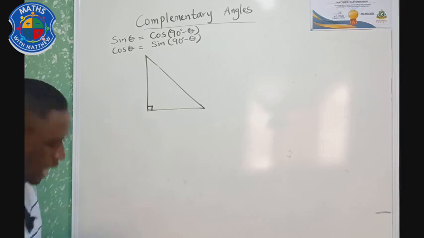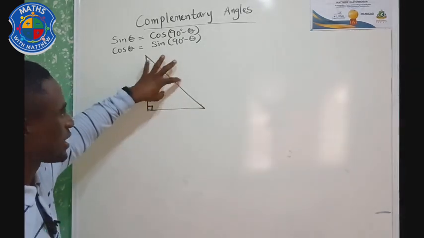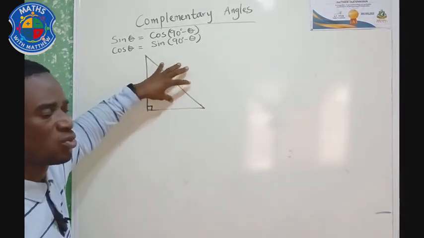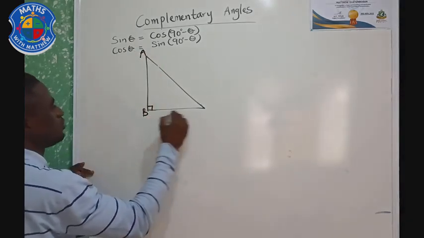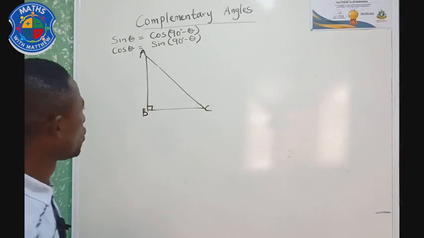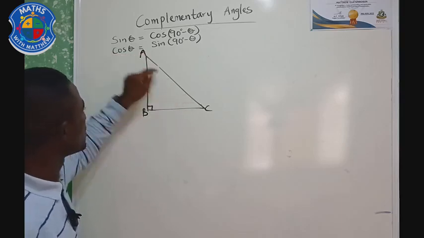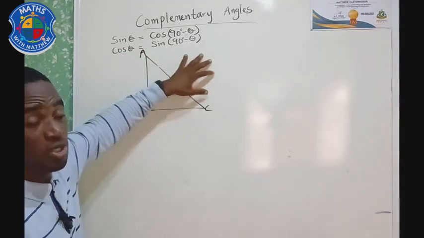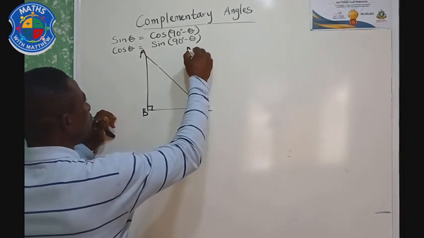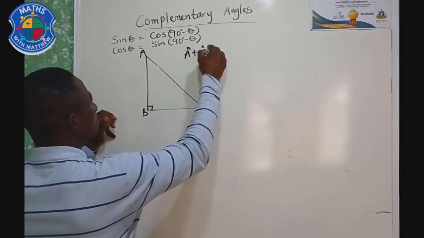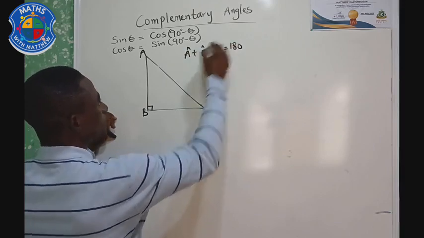And since we know that the sum of these three angles of a right angle triangle, or of any triangle, is 180, let's label this one A, this one B, and this one C. So angle A plus angle B plus angle C must be equal to 180.